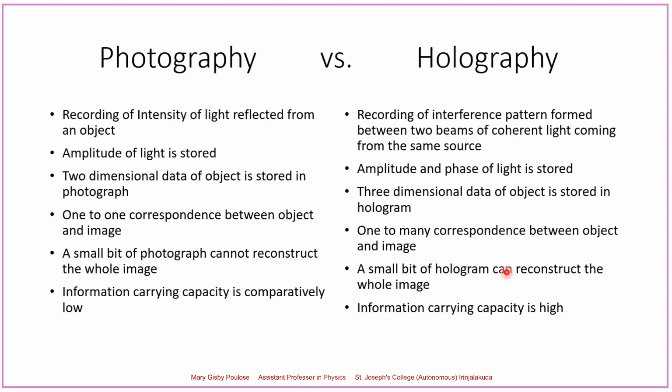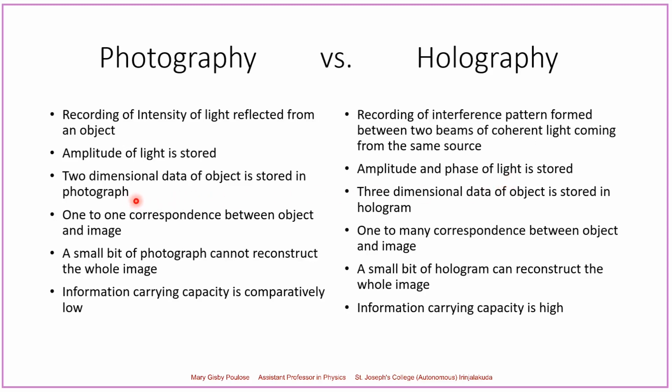So in photographs, only the amplitude of the light, or in other terms, the intensity of the light is stored. Whereas in holography, the amplitude and phase of light is stored because of interference.